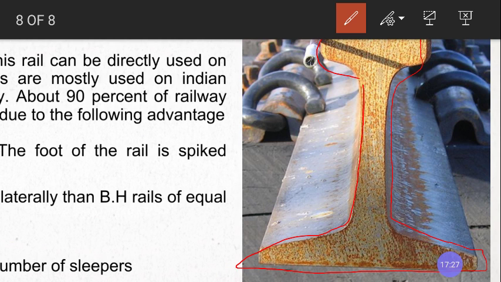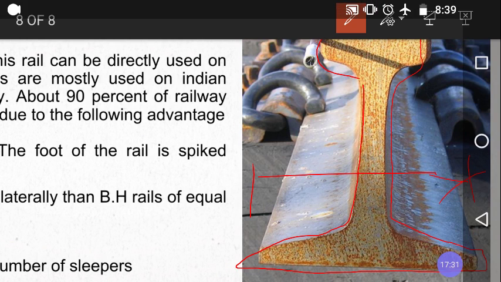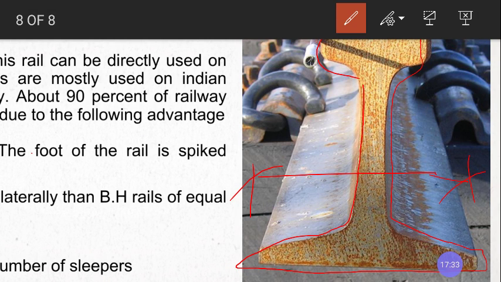The width of the foot is more in the case of flat-footed, and in the case of bull-headed, this lower portion was a little bit curved. The lower head or the foot was a little bit curved, so you required more chairs and fastenings. But in this case, we have flattened the foot and we have increased the width of the foot, right?